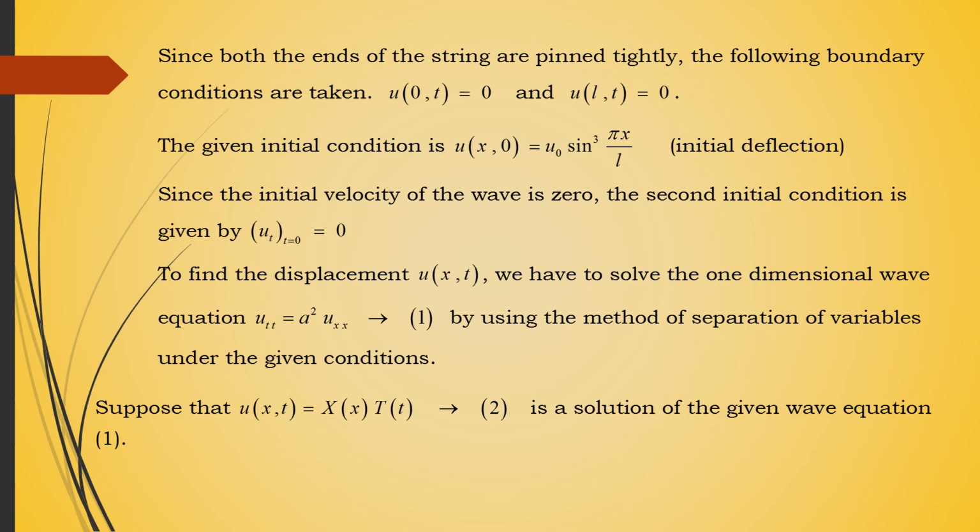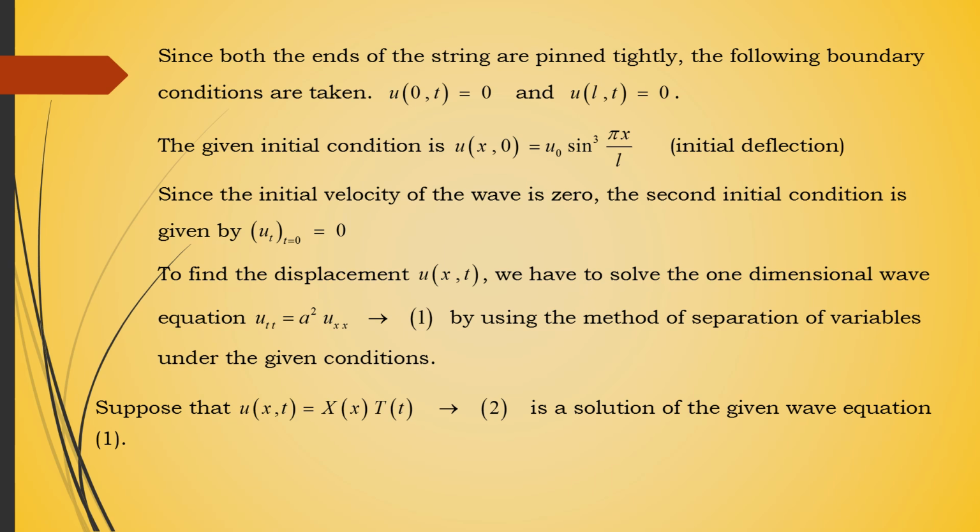Dou u by dou t at a time t equals 0 is given to be 0. The velocity of the wave at a time t equals 0 is always 0. So, u suffix t or dou u by dou t at a time t equals 0.